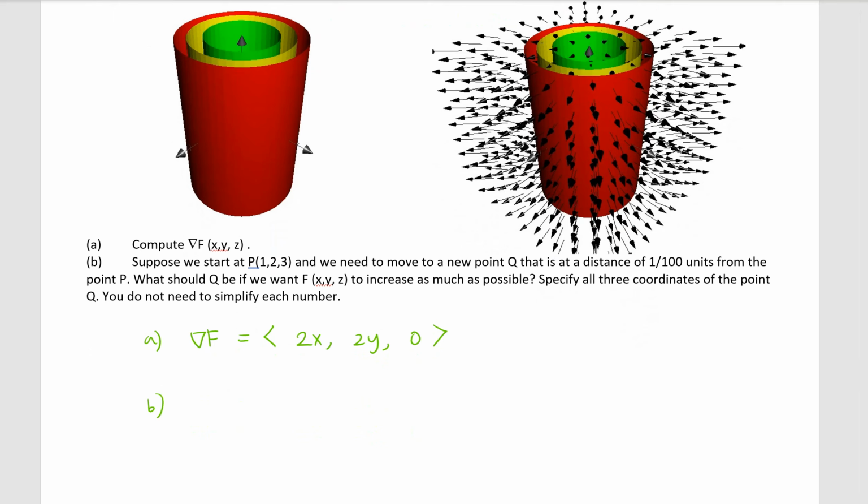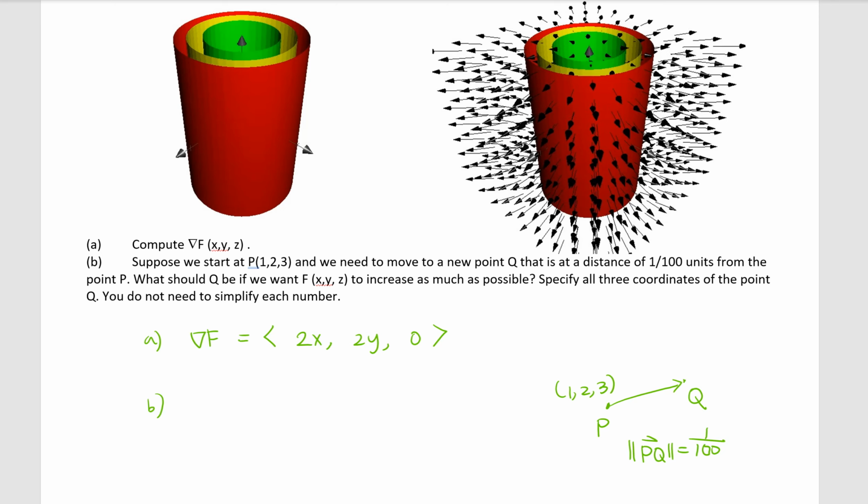Okay, what does that mean? Suppose we're at P, right? We want to move to a point Q at a distance, so we know the distance PQ equals 1 over 100, and the point P is (1, 2, 3).